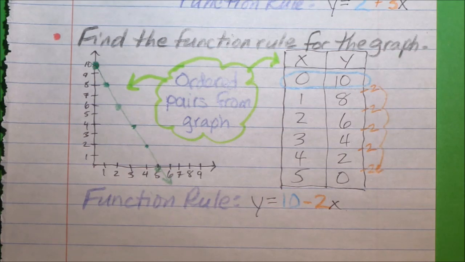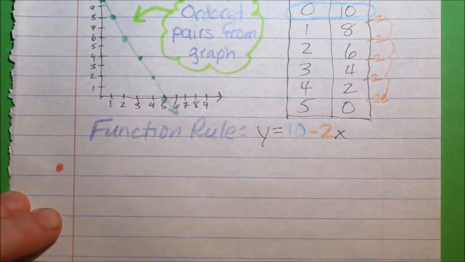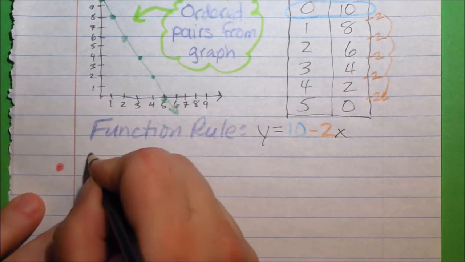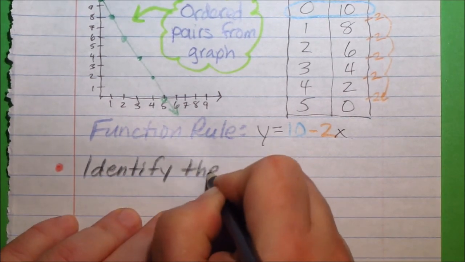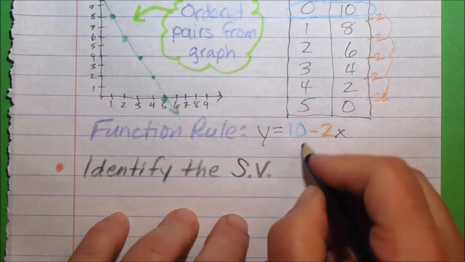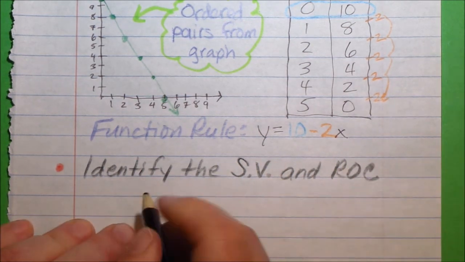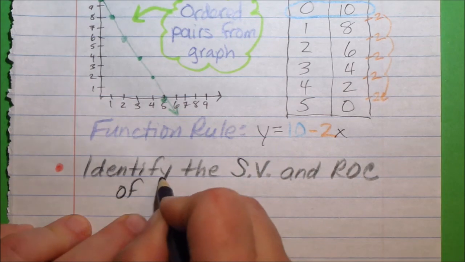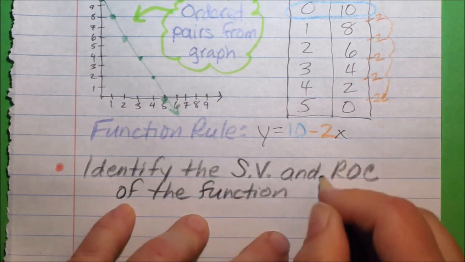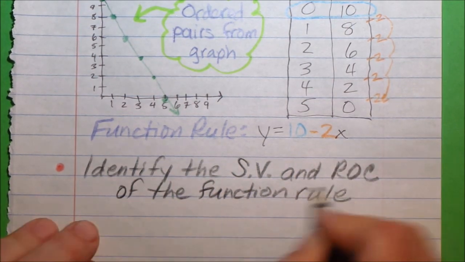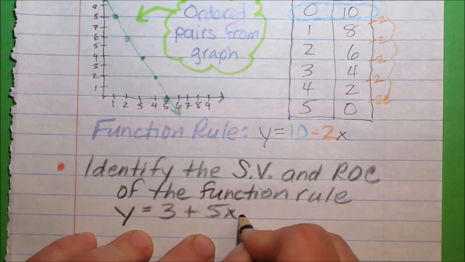Okay, so then the last thing that we will show in these notes here is, identify the start value and rate of change of the function rule y equals 3 plus 5x.